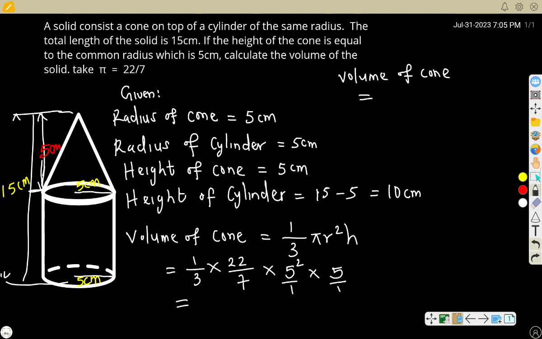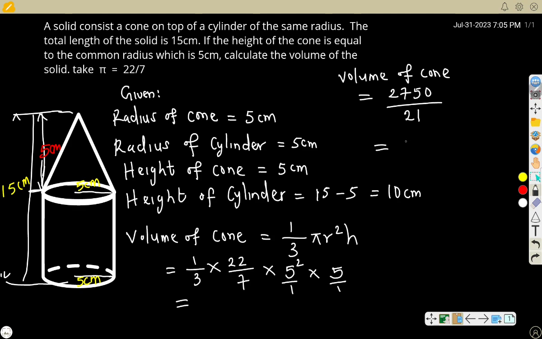1 times 22 times 25 times 5. So multiply all the numerators. That is 2750 divided by 3 times 7 times 1 times 1, which is 21. So divide 2750 by 21.